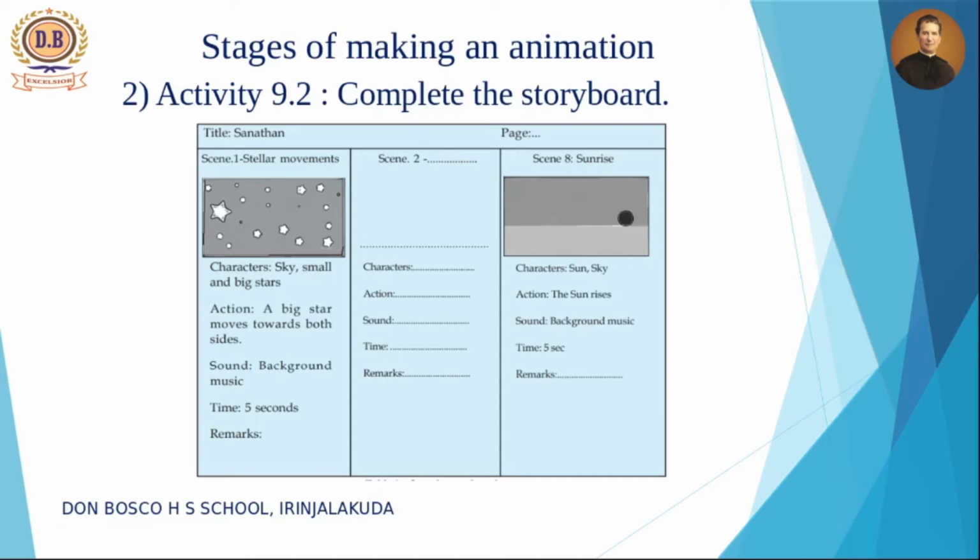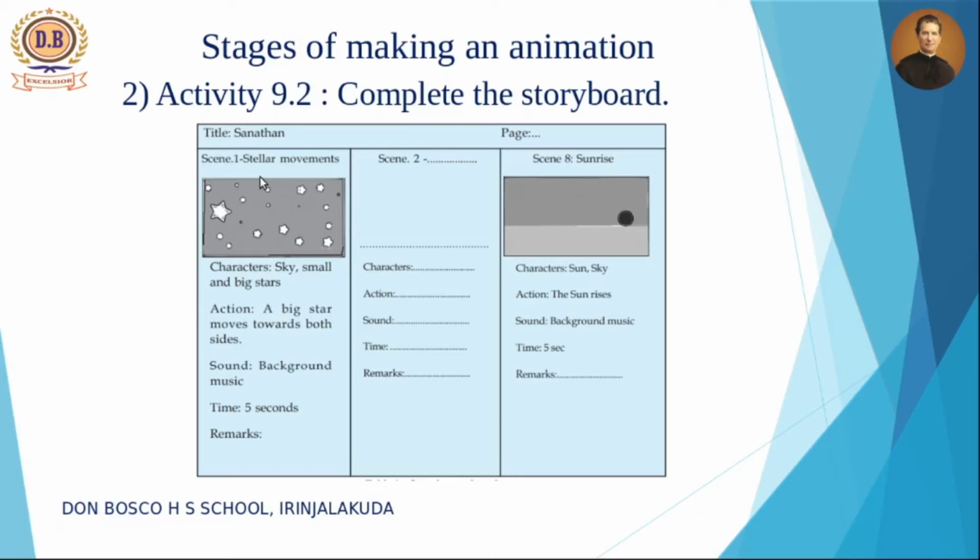A detailed storyboard like this is important for the preparation of making an animation film. So here we have to animate the characters. Like first scene was stellar moments. This chapter deals with three main animation characters.